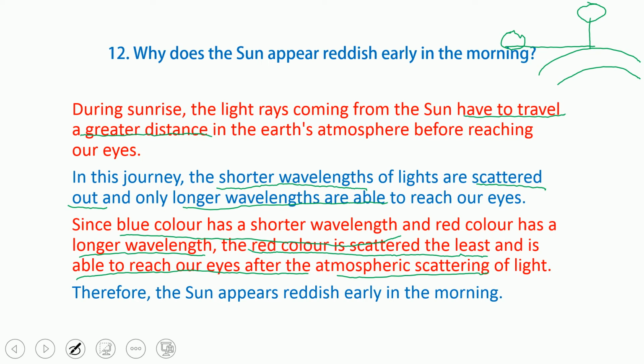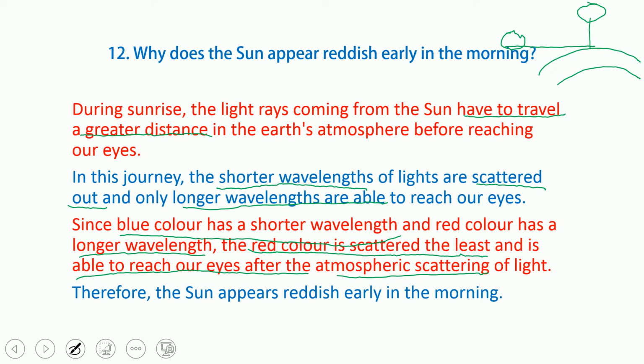Here is an important point, atmospheric scattering of light. Therefore the sun appears reddish early in the morning. Understand why the sun appears reddish early in the morning? During the sunrise, the light rays coming from the sun have to travel a greater distance in the Earth's atmosphere before reaching our eyes.